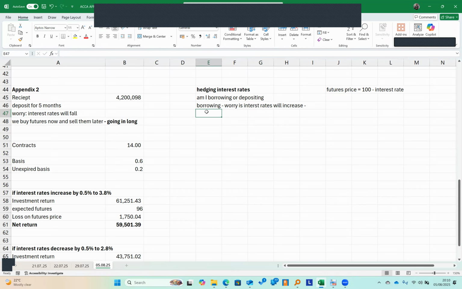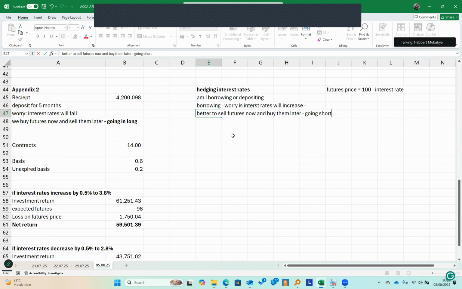So better to sell futures now and buy them later. And this is what they call going short. That's what happens when you go short. You sell something now and buy it later.